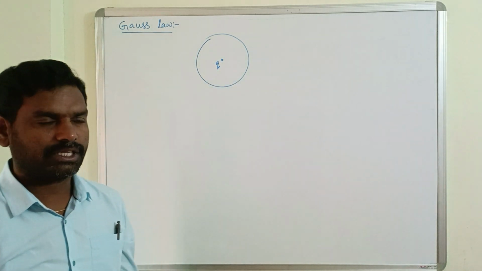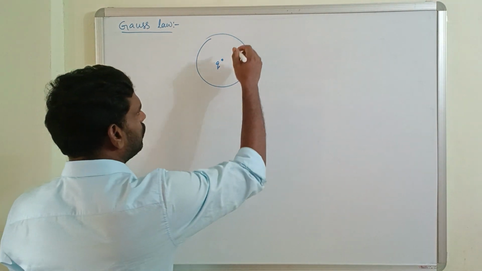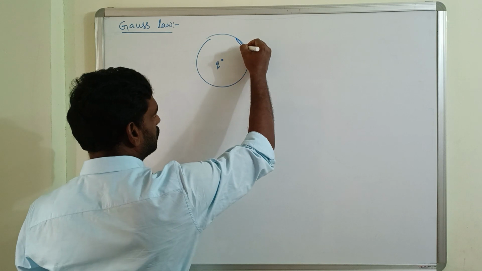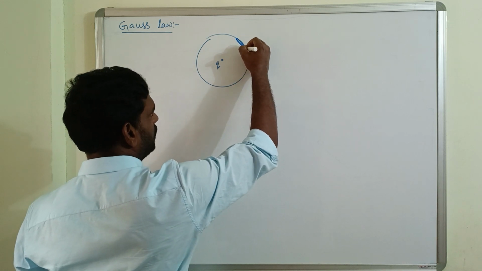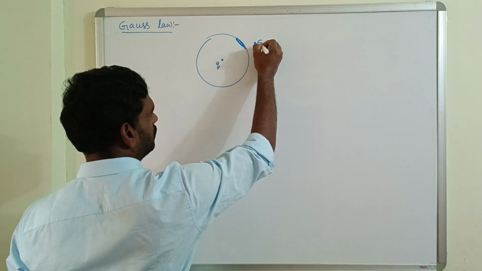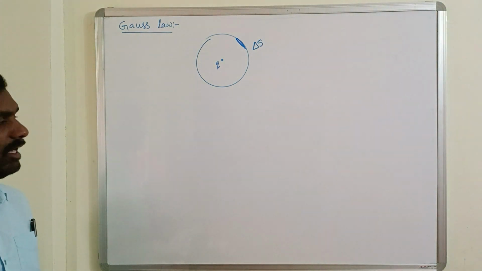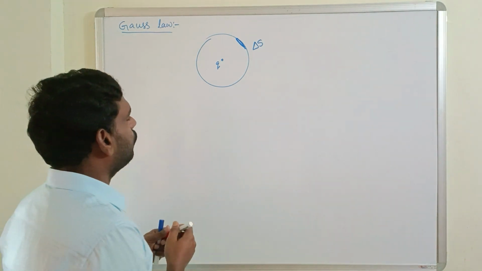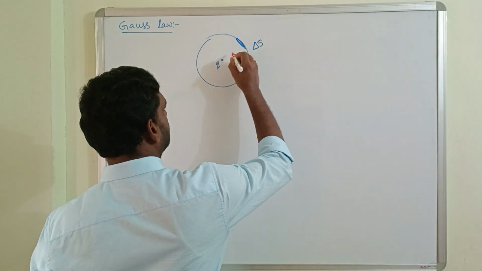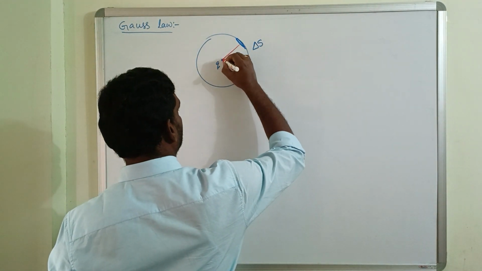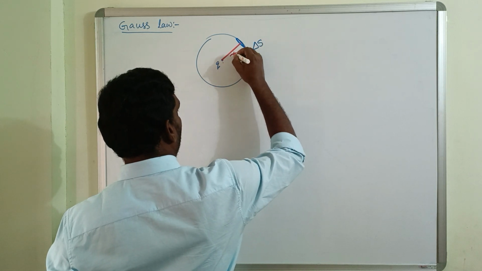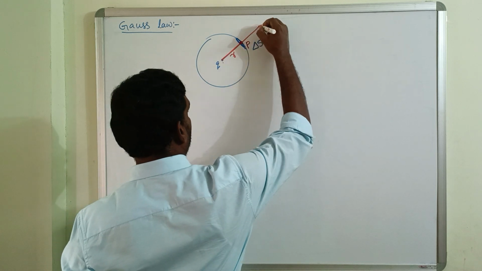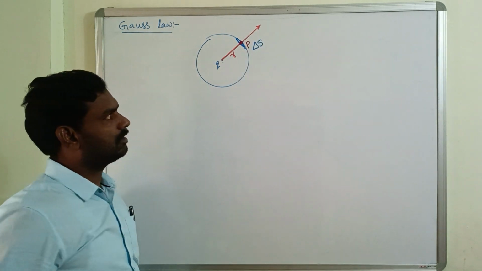The charge is at the center. Okay, I am taking only some element like this. Sorry, not charge element, I am taking area element delta S. Now the electric field due to this charge at this point, this is the radius, and the electric field at this point P will be along the radial direction.